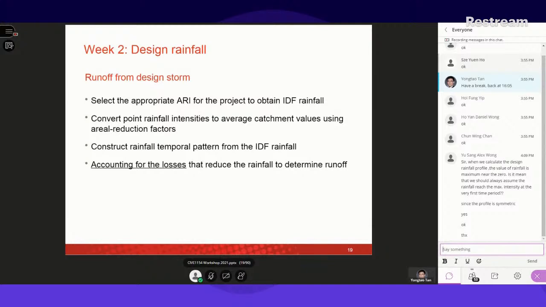The temporal patterns can be obtained from the ARR rainfall, and also from the symmetrical rainfall profiles. I think in assignment 2 you will use that. You need to design the rainfall profile for different durations.